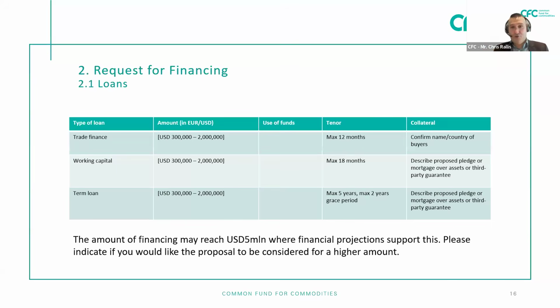Now, I saw a few questions from applicants concerning financial institutions. Yes, if you are a financial institution, of course you are eligible for CFC financing, and my suggestion would be that you actually use the term loan box to indicate your interest on CFC financing.